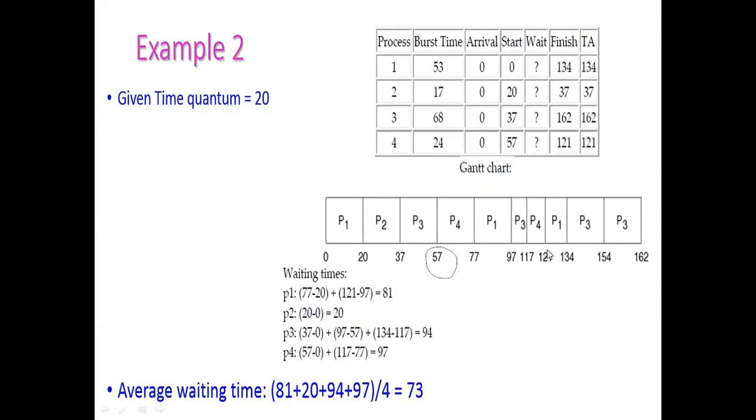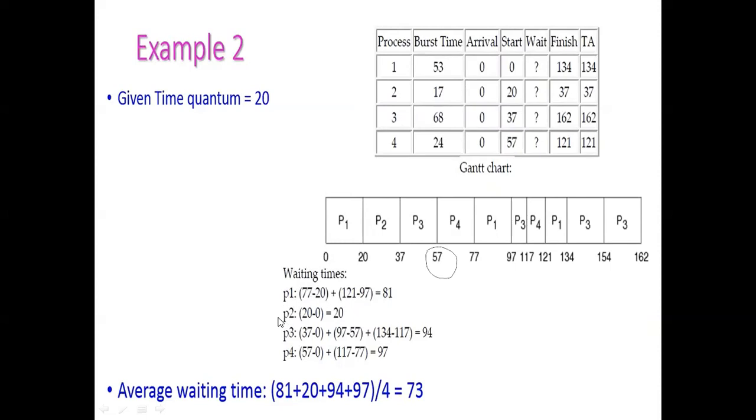Process P1 comes next at 121, minus 97, which is the completion of the earlier P1 slice. So 77 minus 20 gives 57, plus 121 minus 97 gives 24. 57 plus 24 gives 81 milliseconds. That is the waiting time for the process P1.